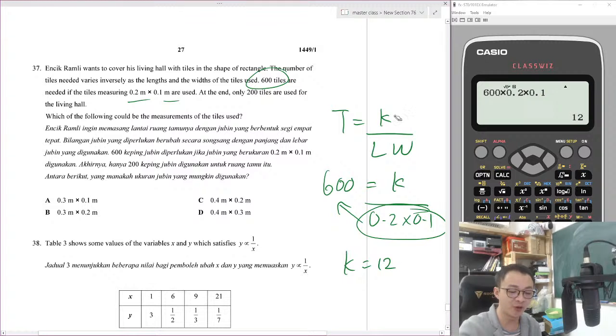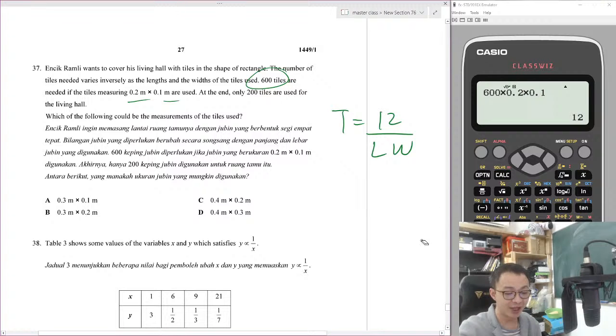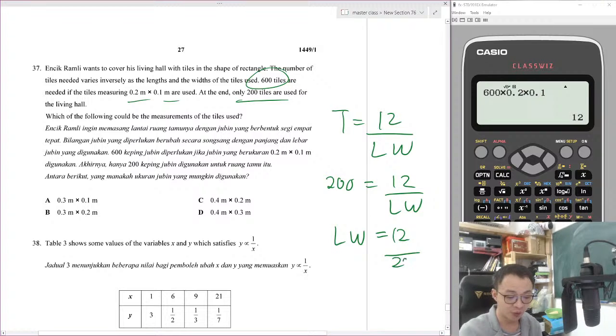So after I get the 12, I sub back to the T equation here. 12 here. Okay, so what I want to do next is, the question says they only use 200 tiles, and then they ask you which of the measurements is correct. So if I use 200 tiles equals to 12 over length times width, so length times width is 12 over 200.